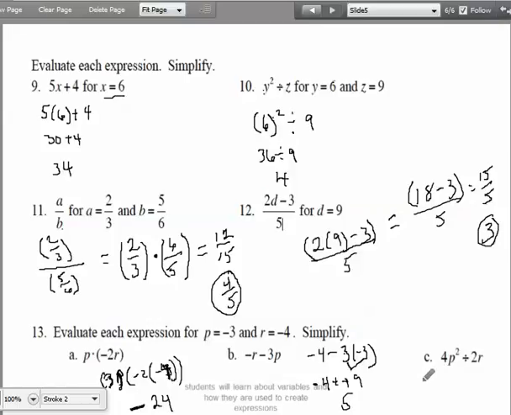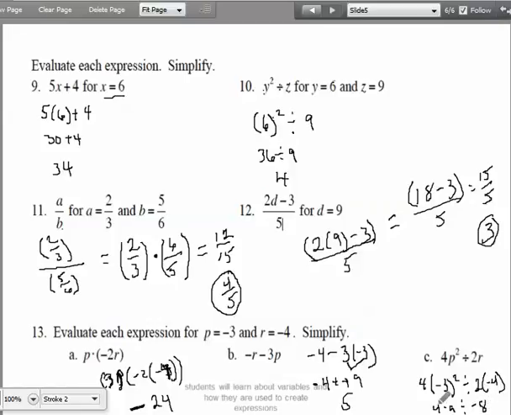Last one on our list, 4 times negative 3 squared divided by 2 times negative 4. Well, let's do the exponent first. Negative 3 squared is going to be a 9. It's going to be 4 times 9 divided by 2 times negative 4 is negative 8.